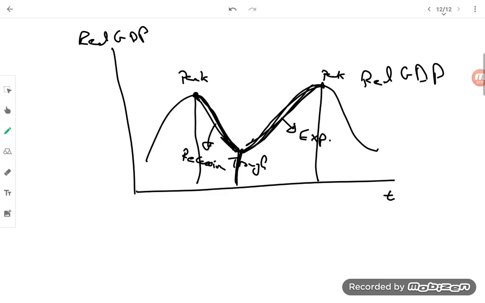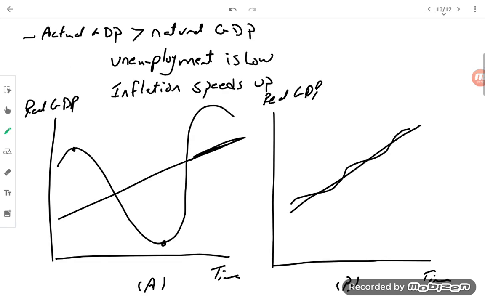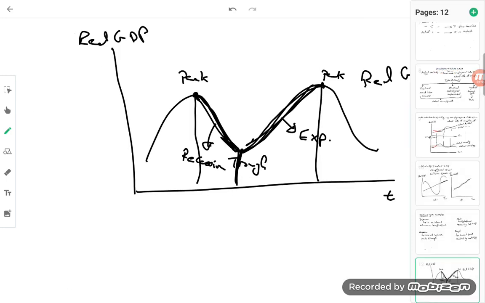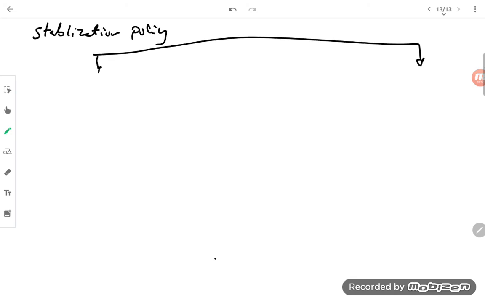So as we said, the policymakers should be concerned with stability of the business cycle, or to keep fluctuations narrow instead of wide fluctuations. In order to achieve this main objective, the government can use two different policies: either monetary policy instruments or fiscal policy.